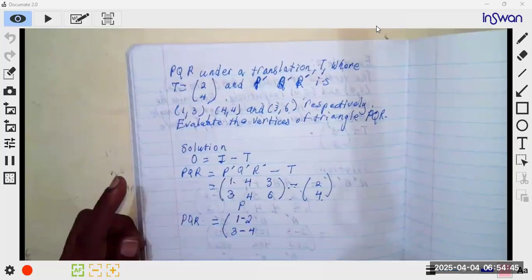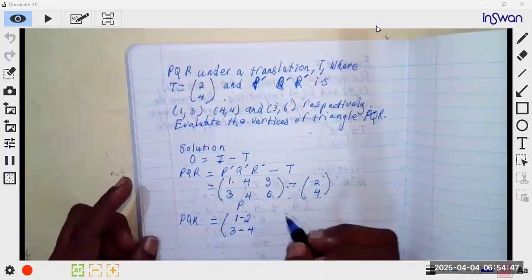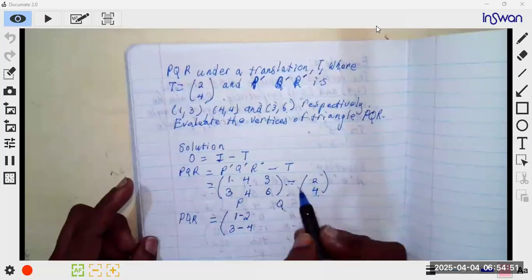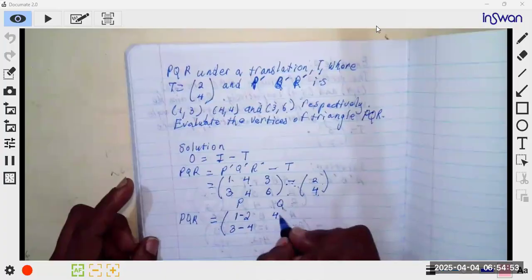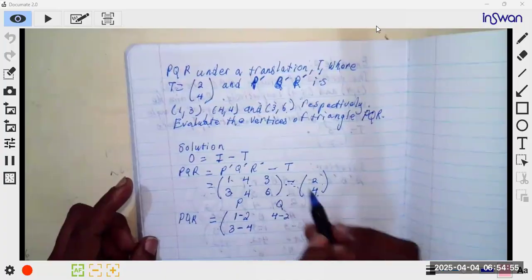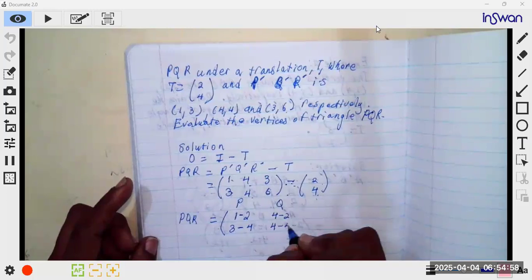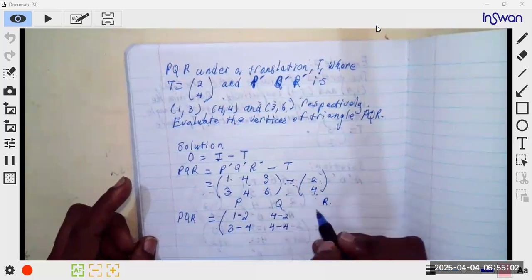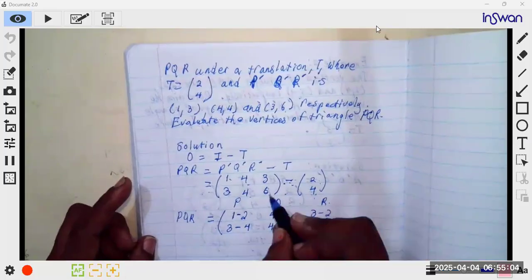All right, next one. For Q, it will be 4 minus 2, and then 4 take away 4. And for R, it will be 3 take away 2, and then 6 take away 4.